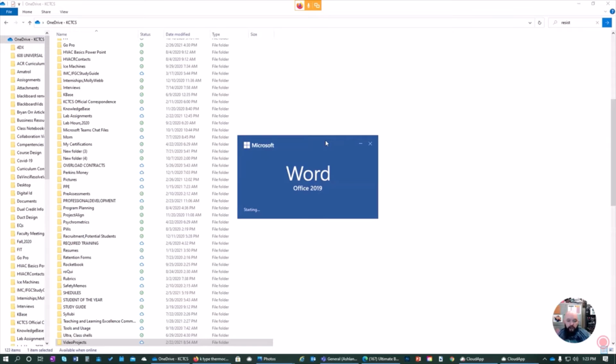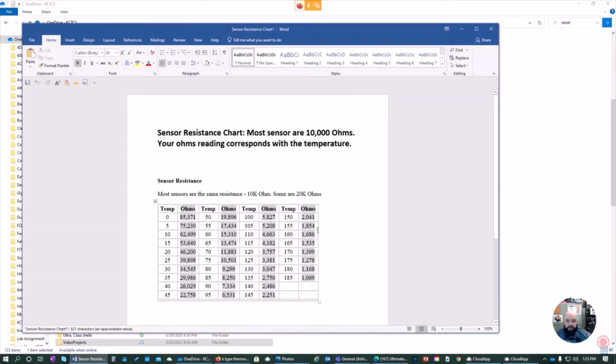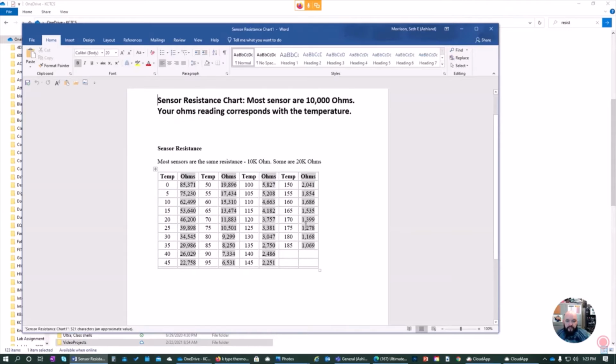Compare your ohm reading of a resistor through this chart, and why it's taking so long, I have no idea. My computer's being stupid. Here's the basic ohm reading chart.